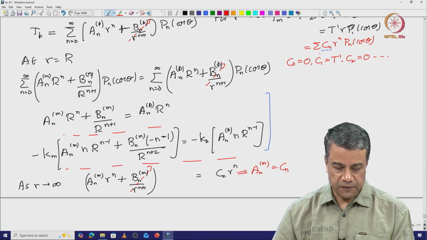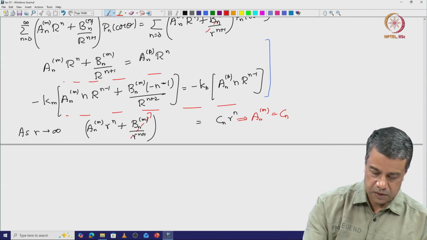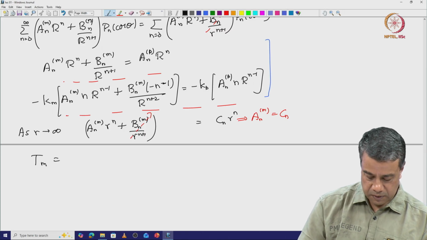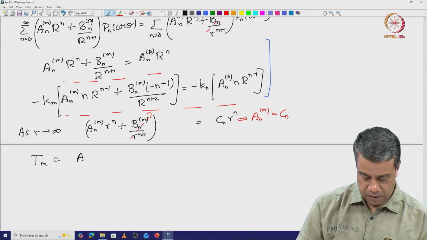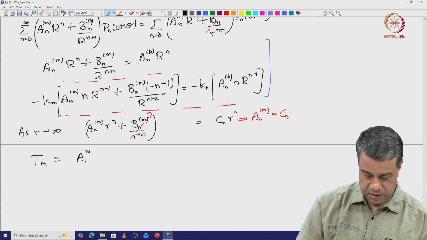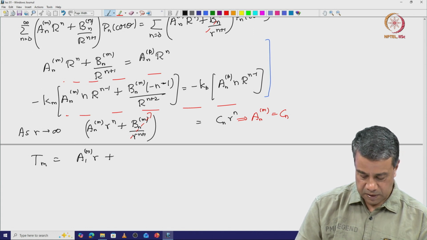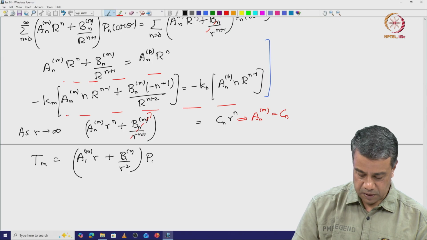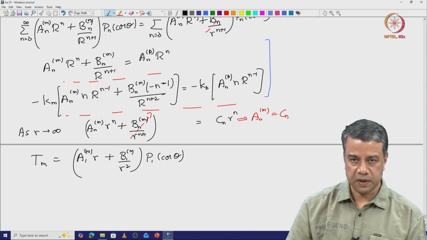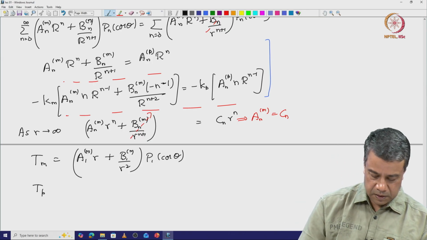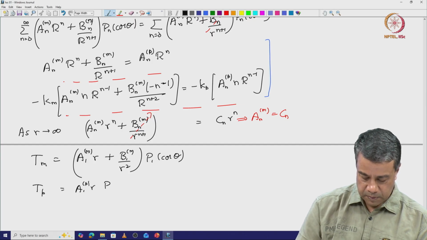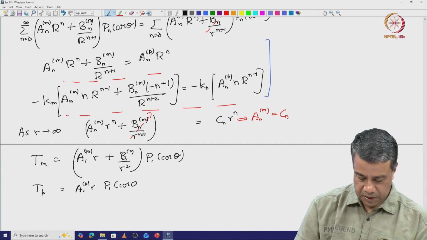Therefore, the only terms that are non-zero in this case are: the matrix temperature is equal to A 1 matrix r plus B 1 matrix by r square, times P 1 of cos theta, and T particle is equal to A 1 particle r P 1 of cos theta.